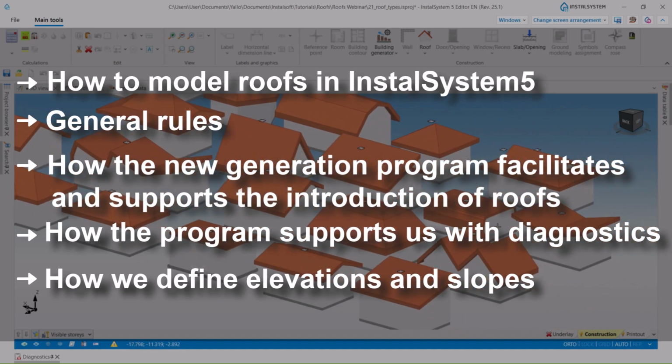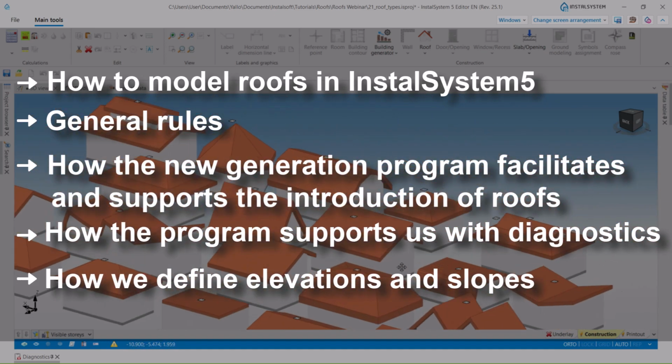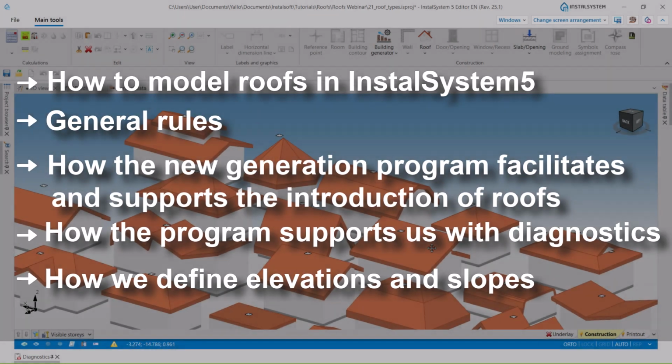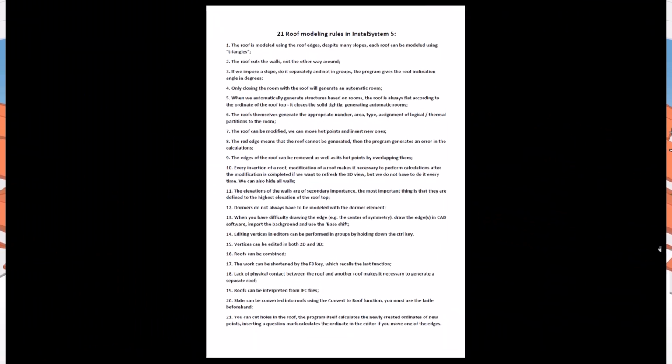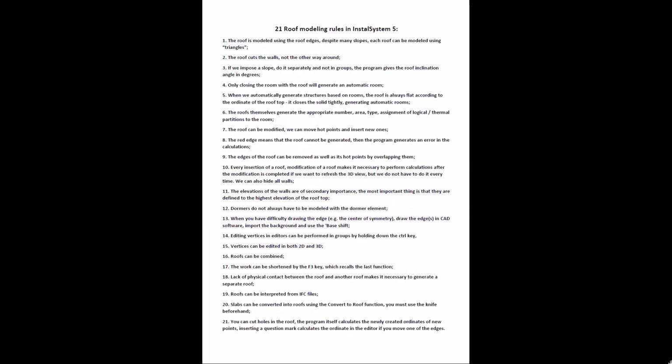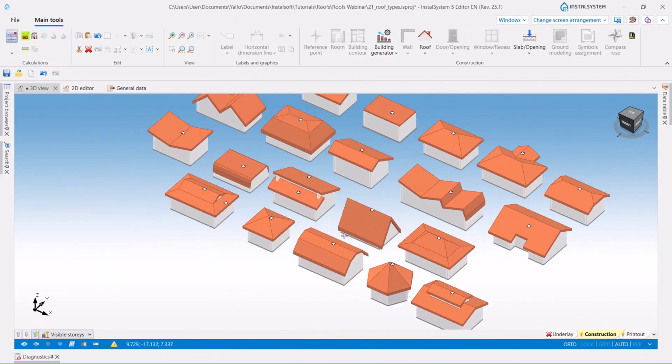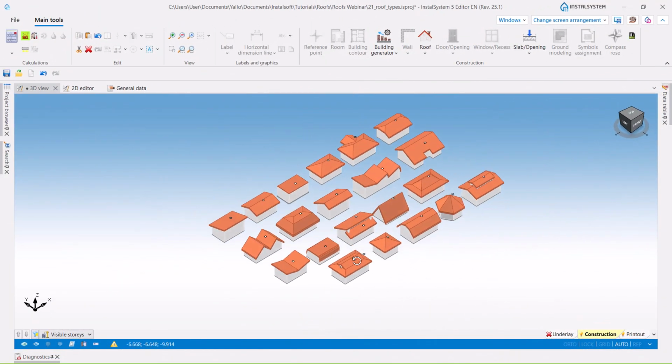We will start with typical cases and then we will move on to more advanced examples. And in the description to this video you will find the list with tips for you, what you should remember when modeling roofs in InstalSystem 5. So here is our final file.